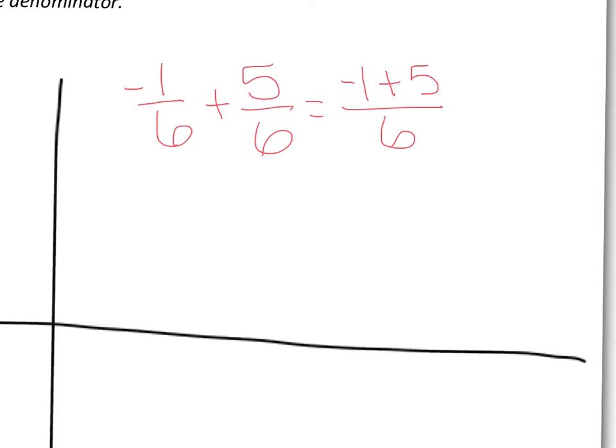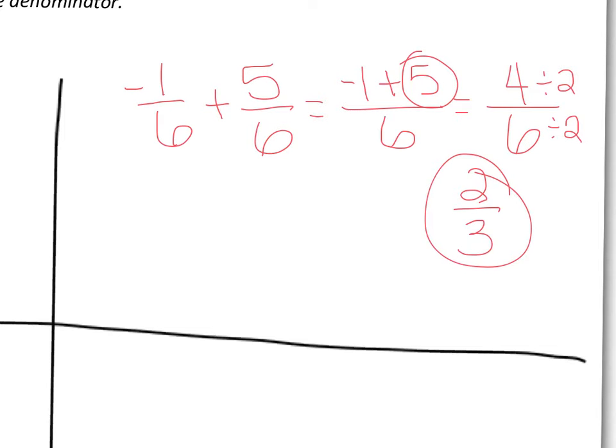Thinking back to your integer rules, to take -1 plus 5, I have different signs, so I will subtract. I take 5 minus 1, which gives me 4, and it's going to be a positive 4 because 5 is larger and it is positive. My denominator still stays the same. I want to double check, and I can simplify this. I divide out a 2 from my numerator and denominator, which gives me 2/3 for my answer.